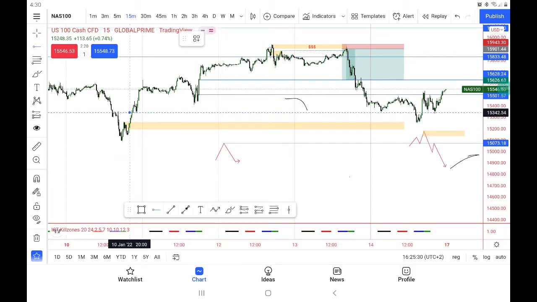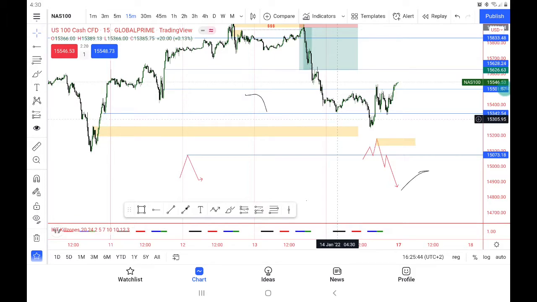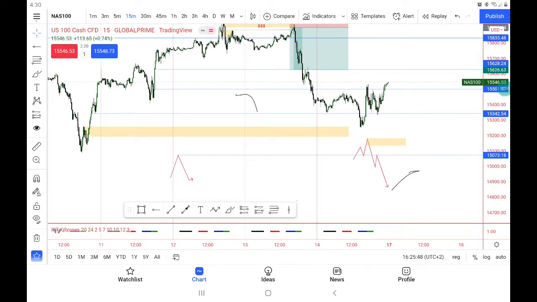Remember, I did mention that when we take out the sell stops, we have to create our own liquidity there, or our own sell stops there, to take them out as well. So this is why you see this happening here, and then we take them out, we break structure to the upside.